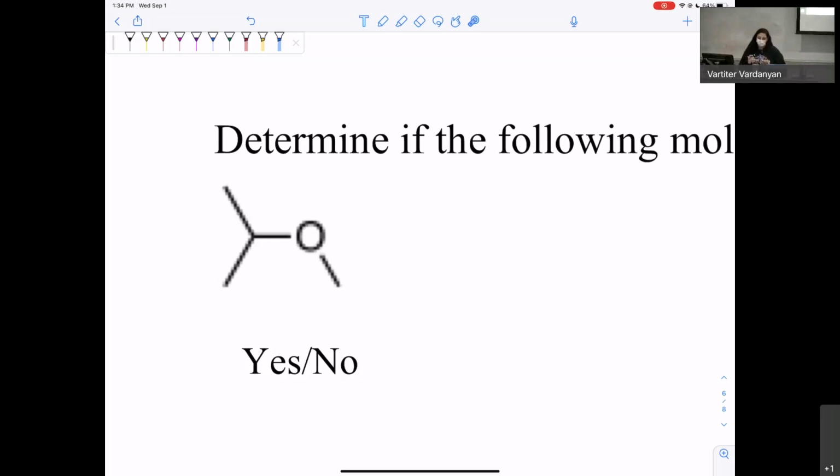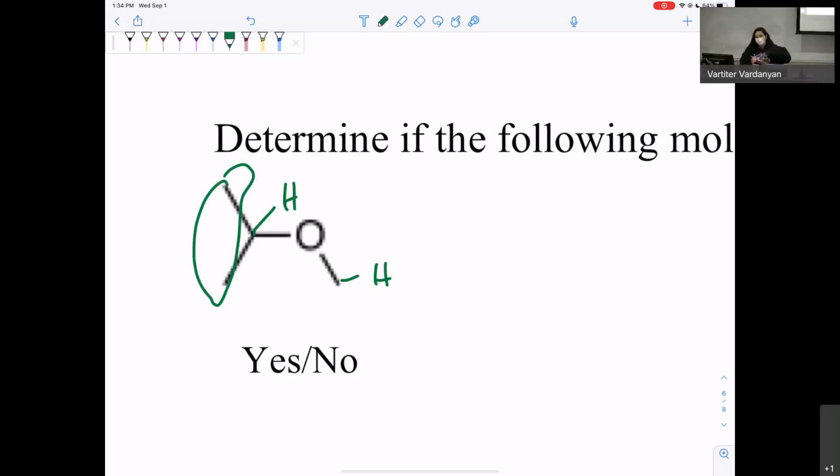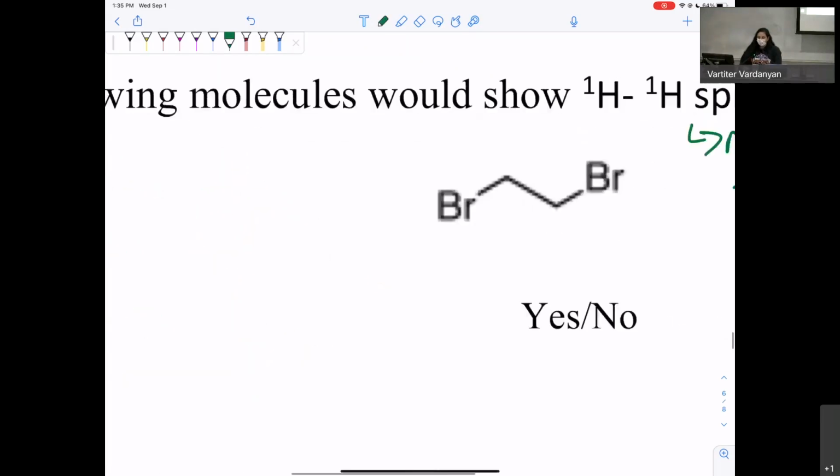So in this example, do these hydrogens have any neighbors? No, because of the heteroatom. Does this hydrogen have any neighbors? Yes, because it has these guys. So does this molecule show spin-spin splitting? Yes, indeed. All right, next one.